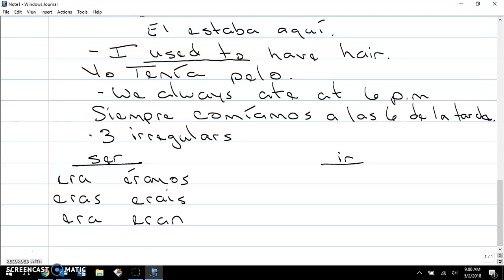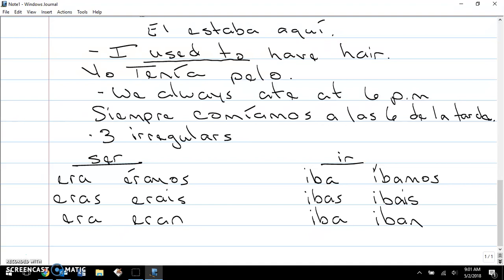Ir is iba, ibas, iba, íbamos, ibais, and iban.